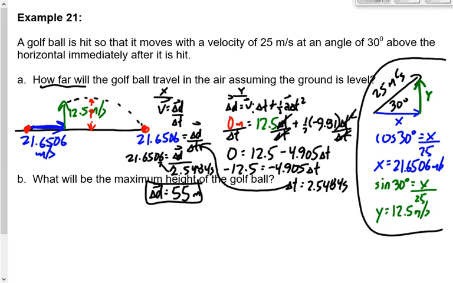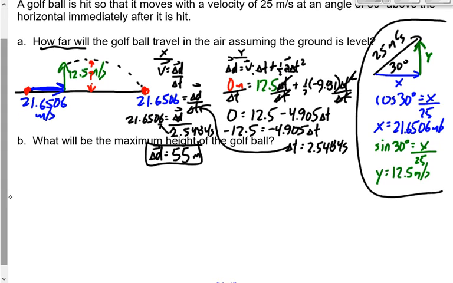Here's what I want you to do for the maximum height of the ball. I want you to analyze, once again, the y component, because height is a y component. But this time, I want you to try this group B equation. For the maximum height, try VF squared is equal to VI squared plus 2AD.